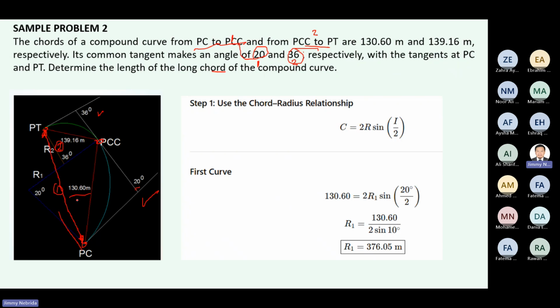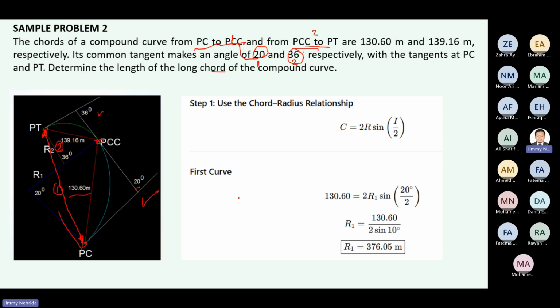All right? So, how are you going to calculate it? If you see here, this is a formula of your chord. You remember in our first meeting about the simple curves, you have this formula. This is the length of the chord.